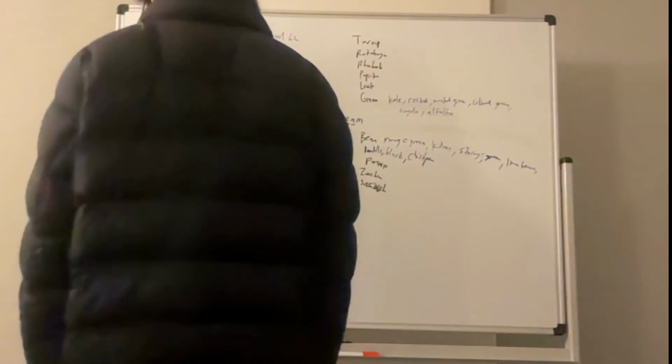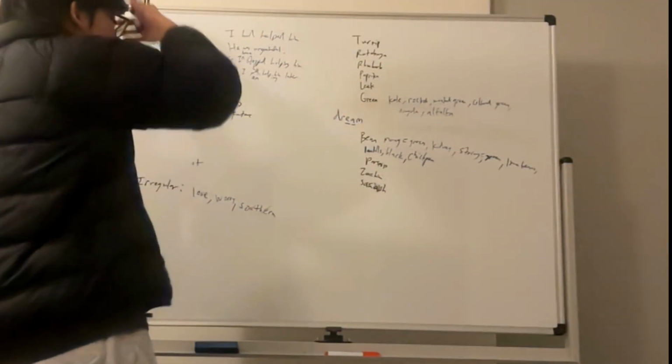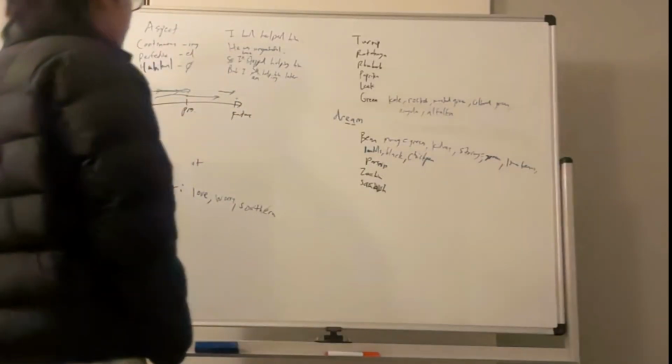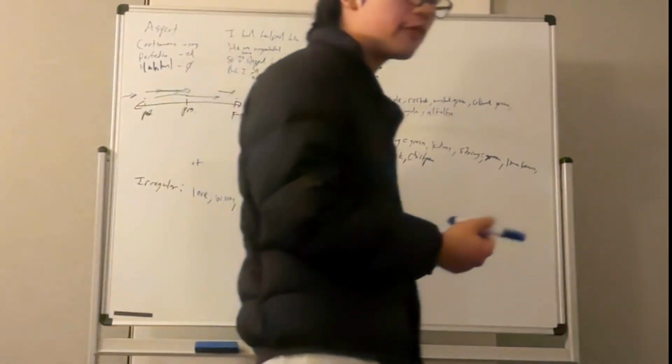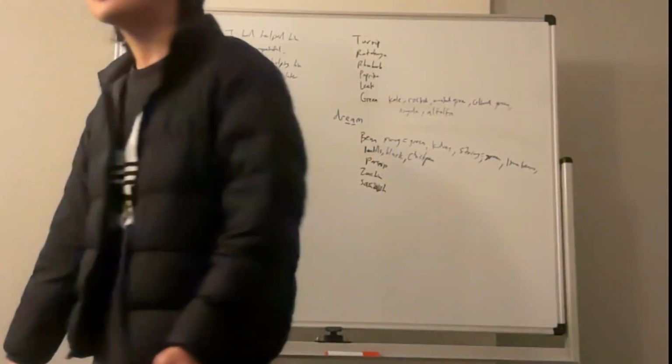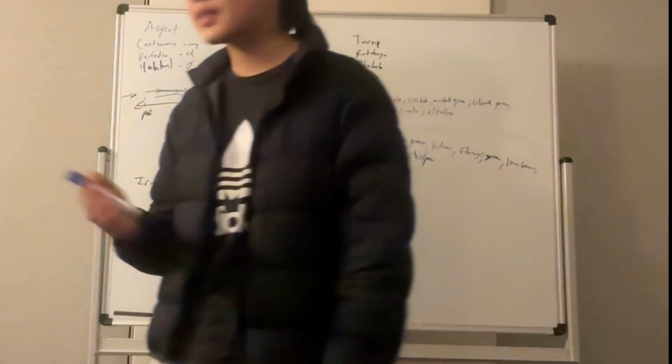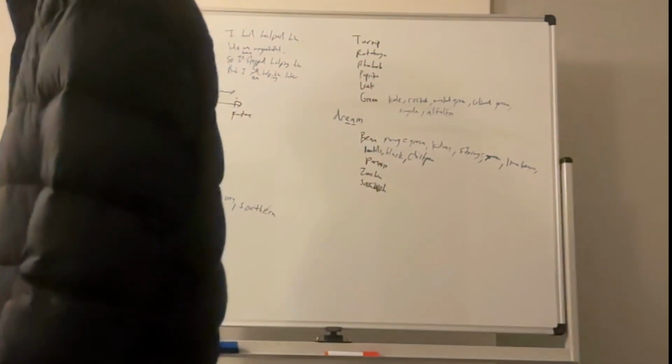But what does it mean for something to be continuous and perfected? It means it's stopping at some spot. Right?